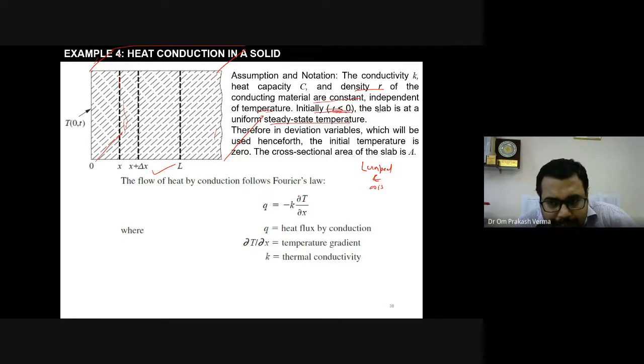Initially, at t less than 0, the slab was at a uniform steady state temperature, and therefore in the deviation variable which will be used henceforth, the initial temperature is 0 for t less than 0. Now the cross sectional area of this slab is A.